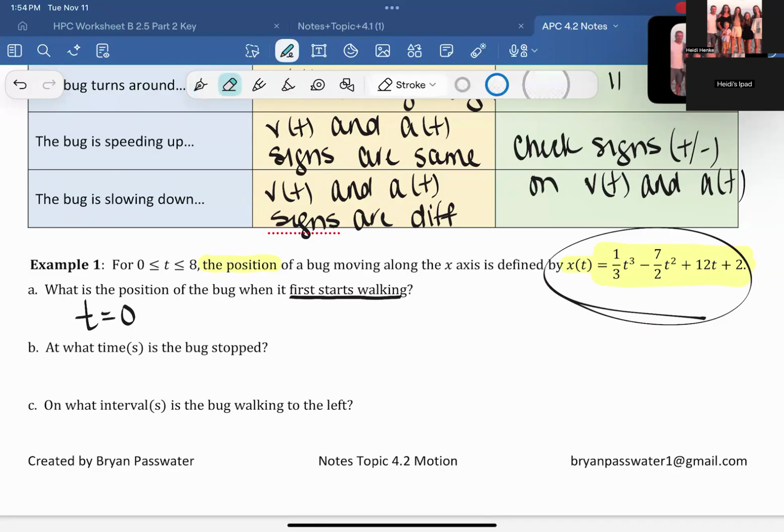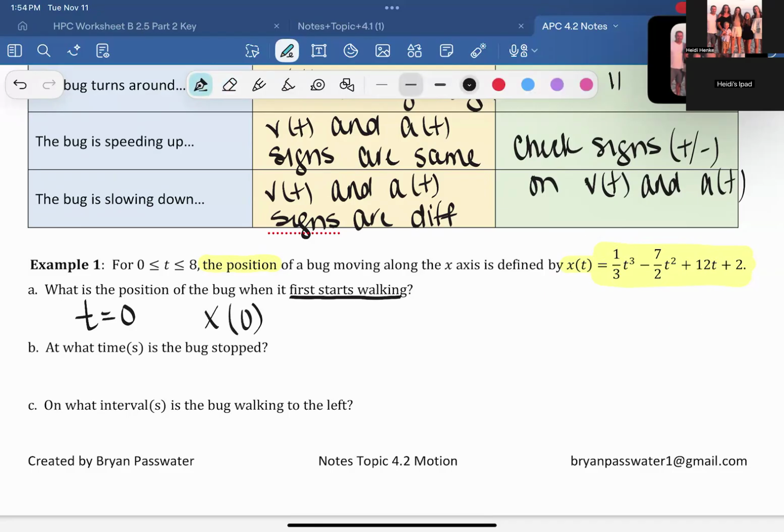So all I have to do is go to that equation, because this is a position equation, and plug in 0 for all of my t's. If I do that, I get a third times 0, 7 halves times 0, 12 times 0 plus 2, which is just going to be 2. So the bug's position when it first starts walking is at 2.